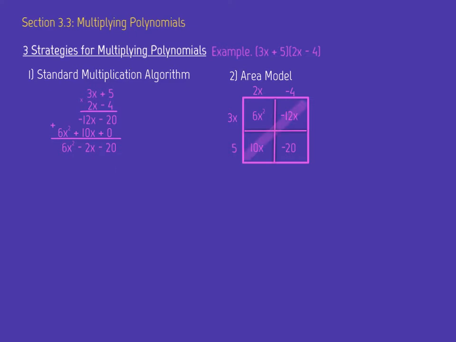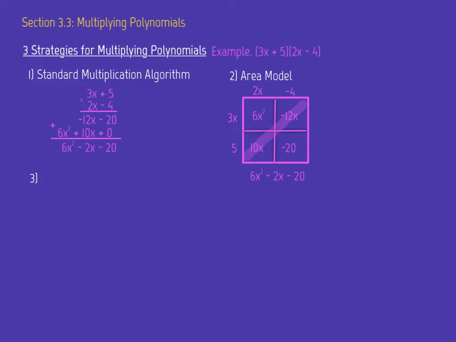So if we write this as one final sum, we are going to end up getting 6x squared minus 2x minus 20. Which makes sense because we multiplied the exact same 2 polynomials that we multiplied for the standard multiplication algorithm when we got that same answer. Nice job. Let's move on to our final strategy for multiplying polynomials.